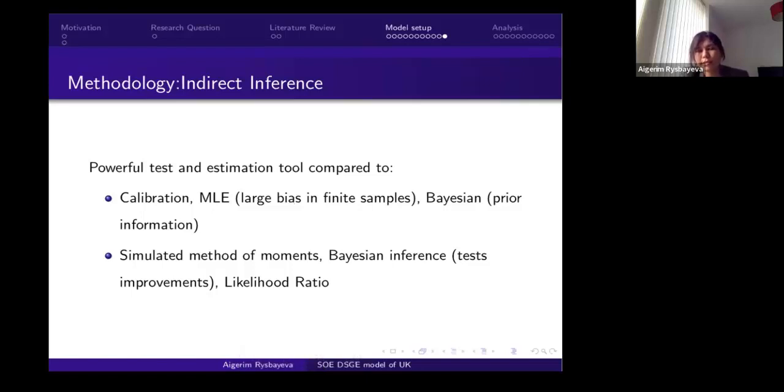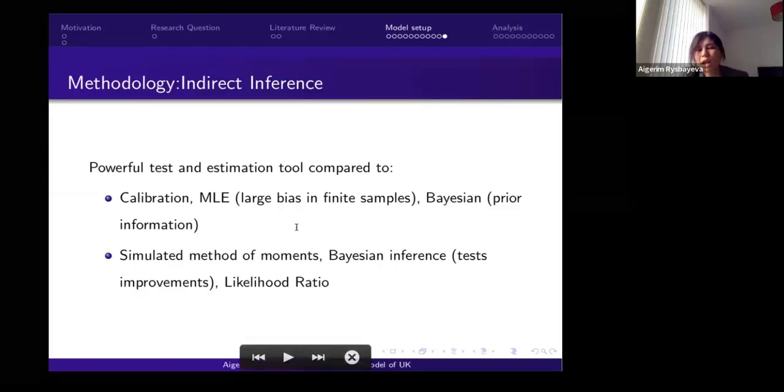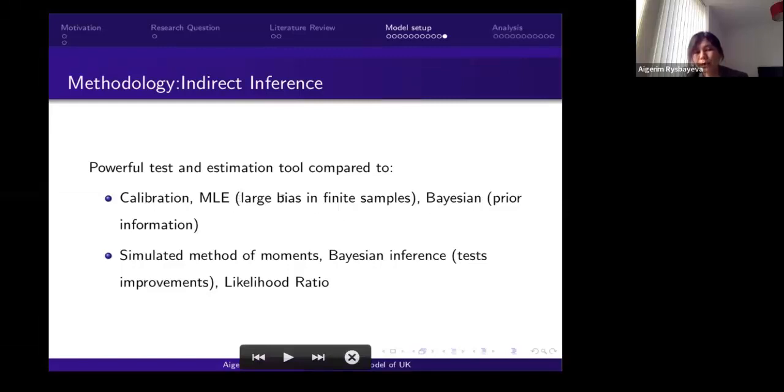Calibration is just setting the parameters to fixed values derived from the literature. For MLE, I don't use it because it has a large parameter bias. The third one is Bayesian estimation, because we have prior information, which is quite similar to calibration. So that's why I use indirect inference.